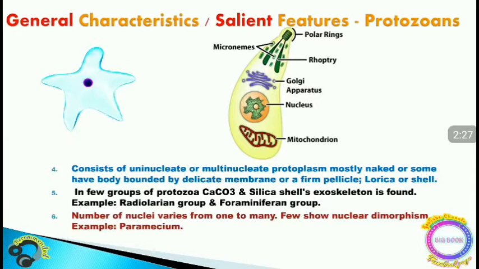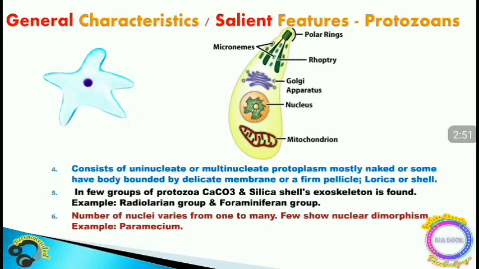You can understand the delicate membrane and the firm pellicle, but the lorica or the shell is the calcium carbonate form of the exoskeleton, or the firm leather form of the exoskeleton, but it is not the leather; lorica refers to one of the other meanings of the leather form of the outer covering.